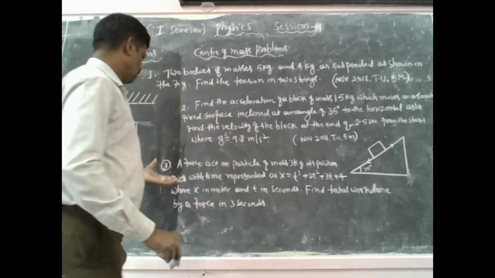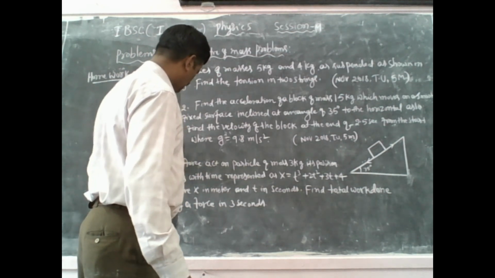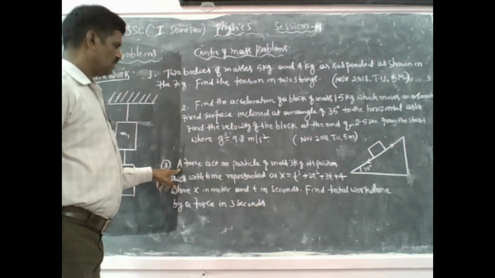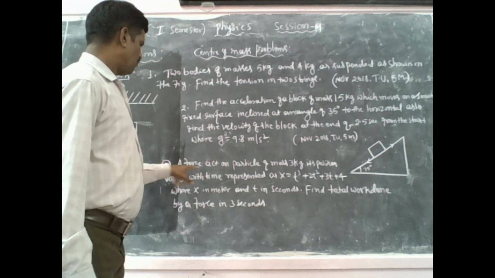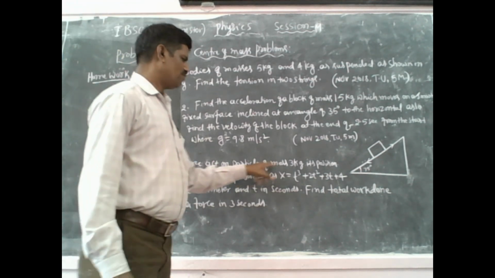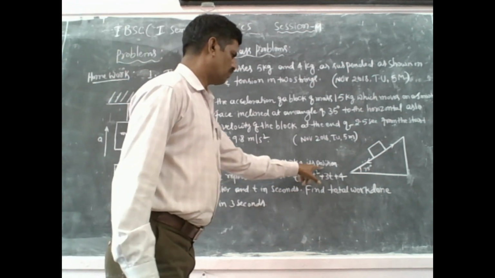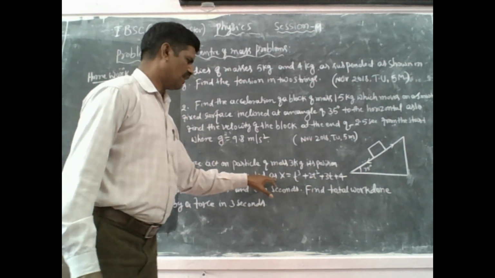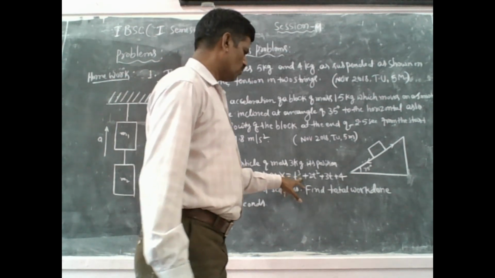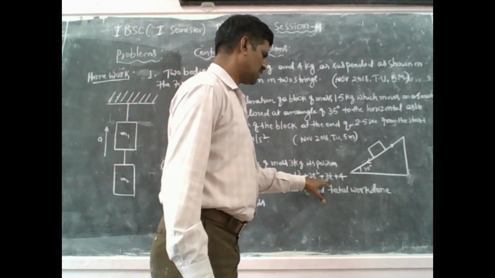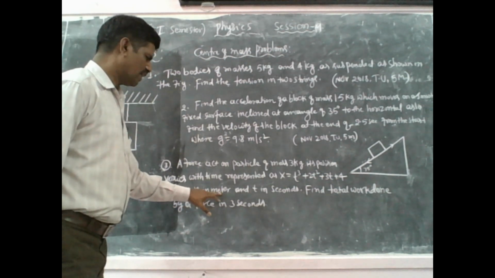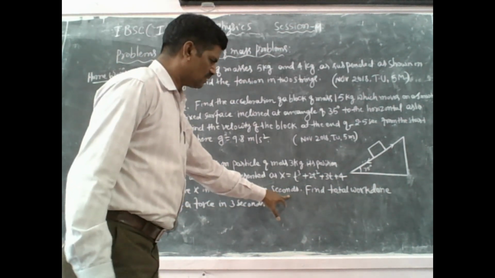So, I read the question once again. Third question is, a force acts on a particle of mass 3 kg. Its position varies with the time, represented as x equals t cube plus 2t square plus 3t plus 4, where x is in meters and t in seconds.